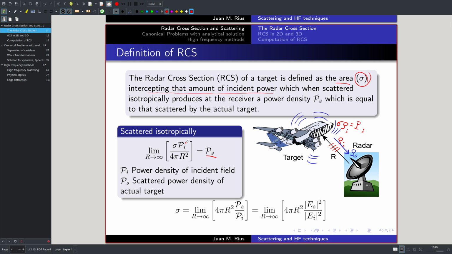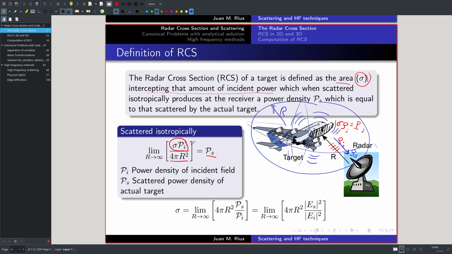So, since the intercepted power is the product of the incident power density rho i times the intercepting area sigma, this intercepted power over 4 pi r squared, which is the surface of the radiation sphere of radius r. So 4 pi r squared is the surface of this sphere.